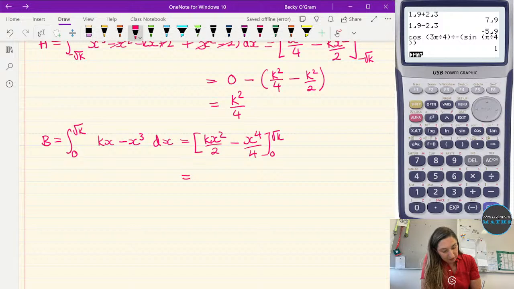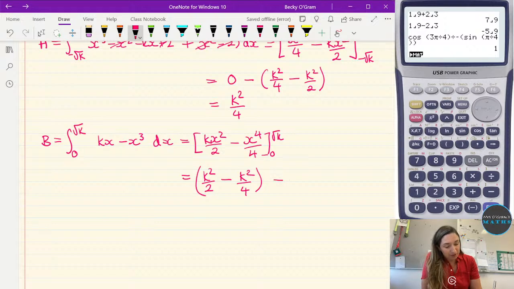So then, going through the same process we just did a minute ago, if we put root k in for x squared, we will get k, then it gets times by k. So we've got k squared over 2 minus root k to the power of 4, that gives us k squared over 4 for the first one, subbing in root k.